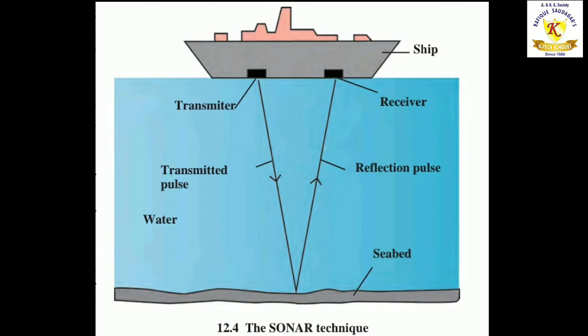The transmitter produces and transmits ultrasonic sound waves. So these waves travel through water, strike underwater objects and get reflected by them. The reflected waves are received by the receiver on the ship.